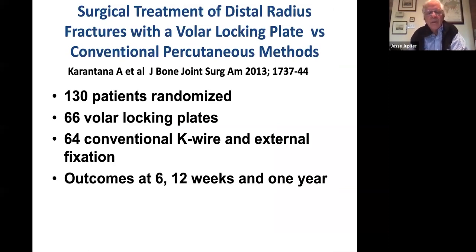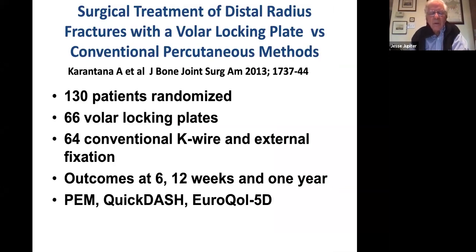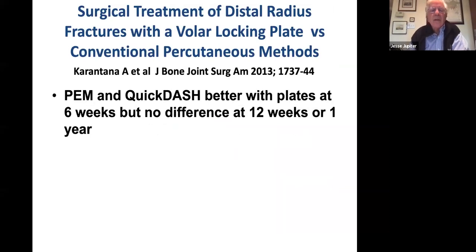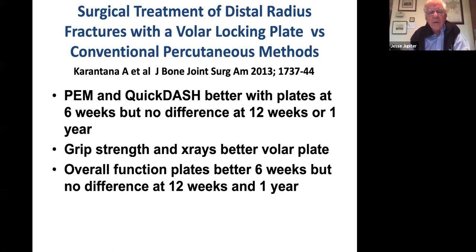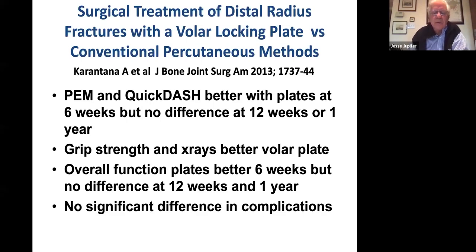And they followed these as a randomized study, looking at patient and physician rated outcomes. And guess what? No difference at 12 weeks or 1 year between the groups. The grip strength was better in volar plate, X-rays better, but the overall function was the same, and no difference in complications.